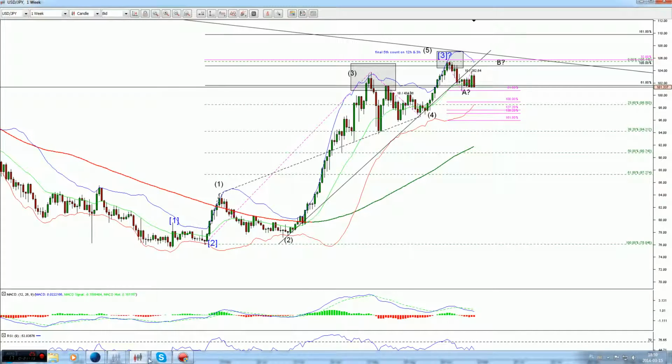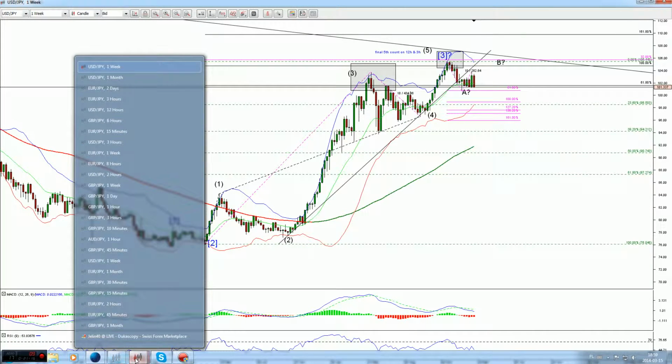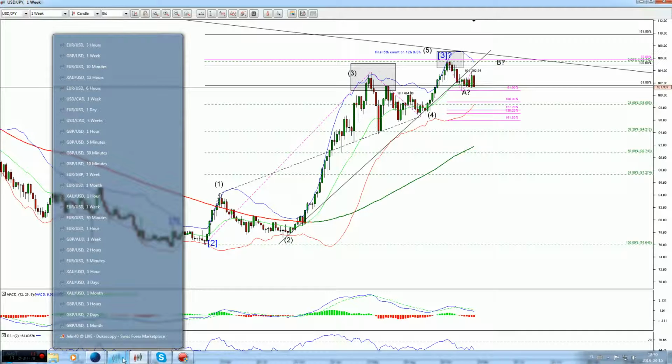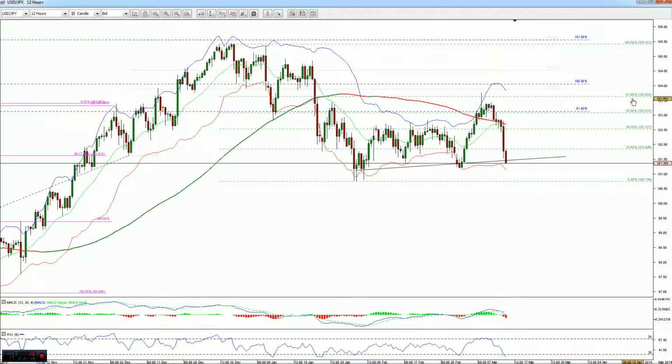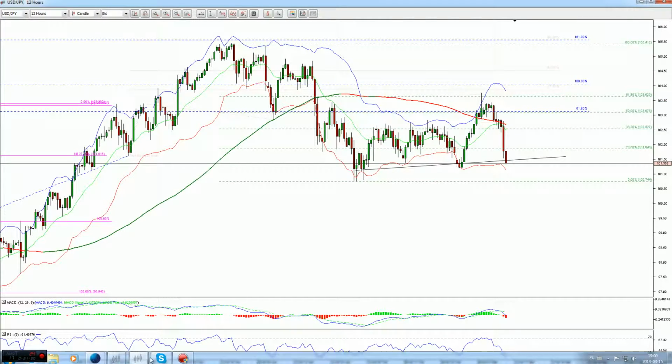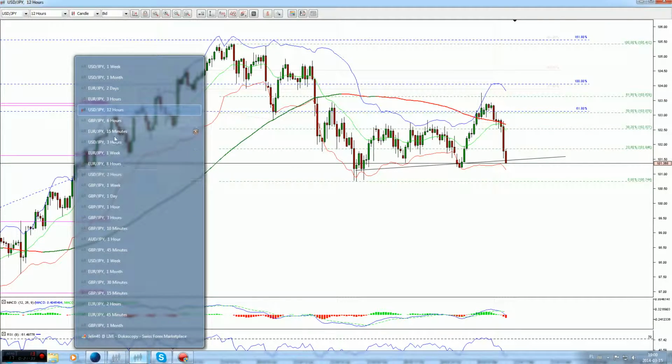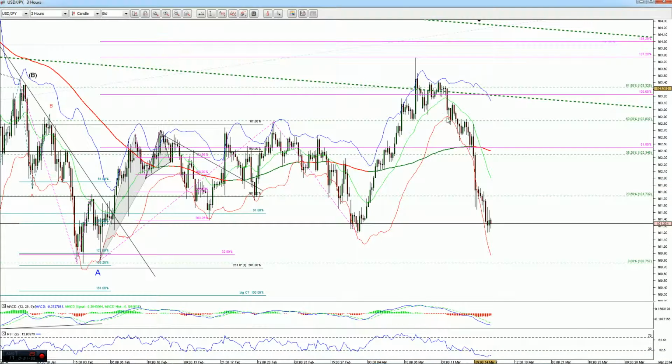Sometimes it is good to not think about the market too much. Just take the position, because I've shown you last week this 61.8 level, and I've shown the situation on this 3 hours chart, showing this measurement A, B, and C, 127.20.